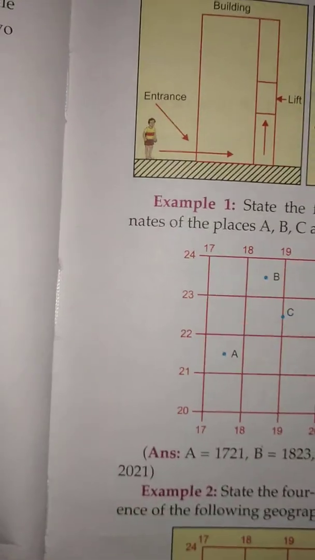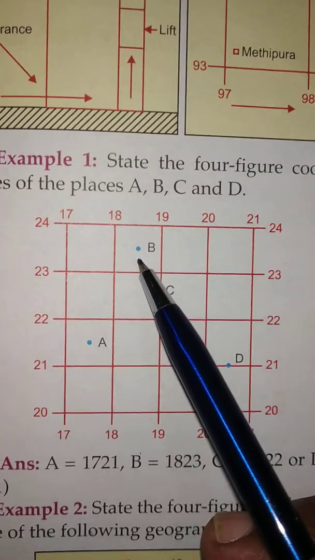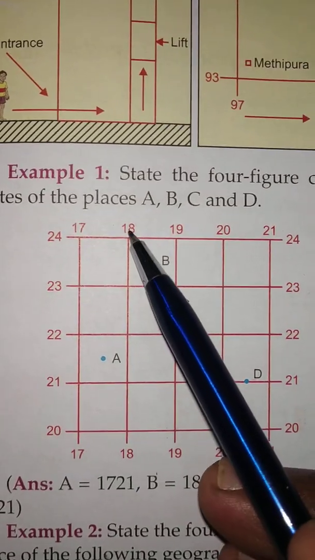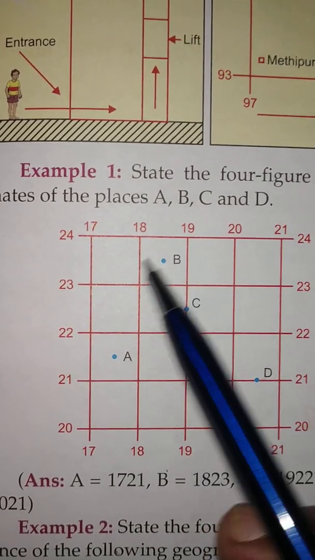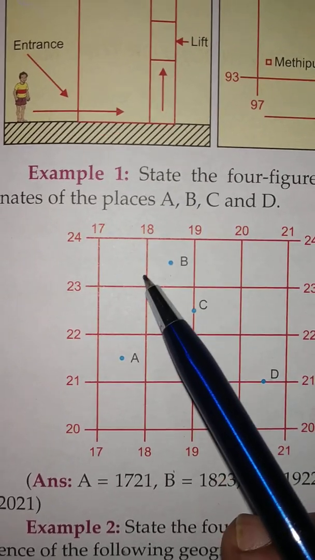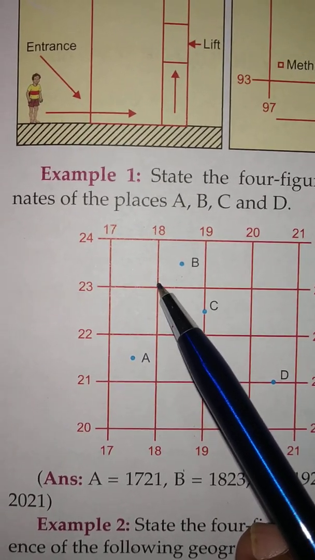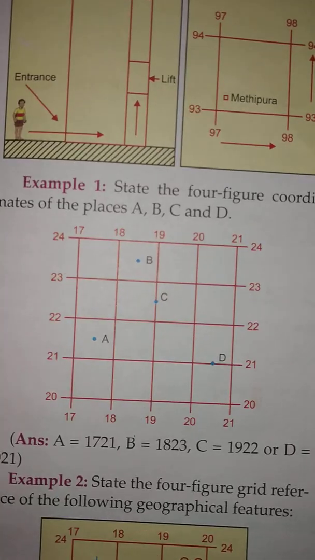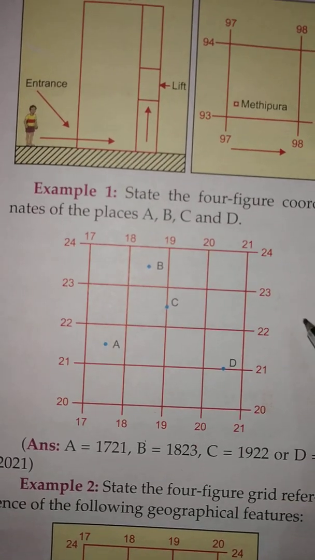I will give you an example. See this one, B. What is the 4-figure grid reference of this point B? It is 1823. So first we will write down the 4-figure grid reference.